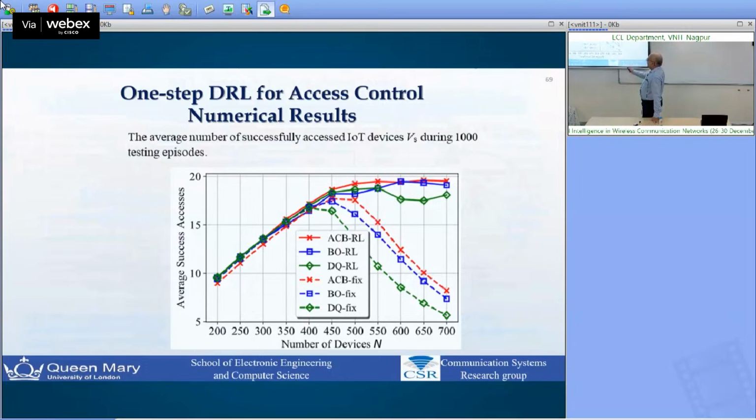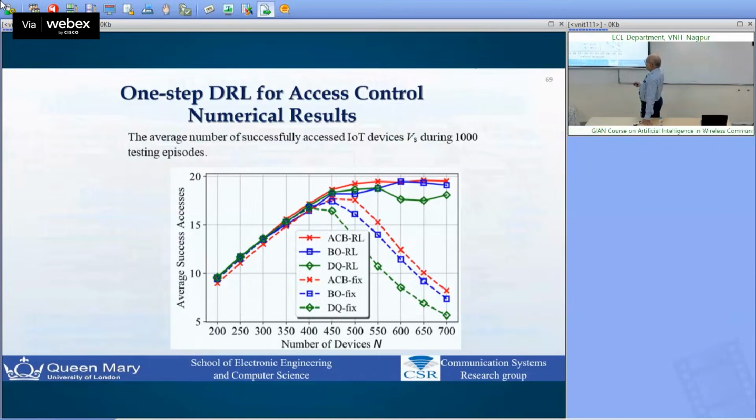So yeah, I agree with you. Below is fine. Why does this one increase with the number of devices? I had to check the parameters. Yeah, because your question is correct.